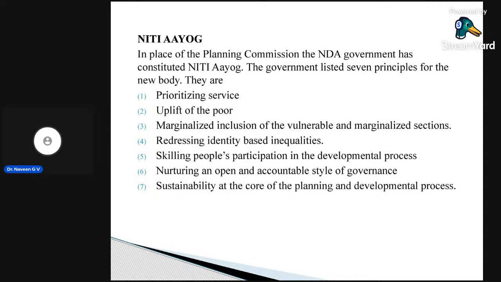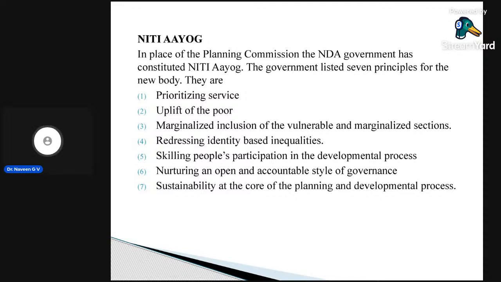It means those who are below the poverty line should be uplifted, with inclusion of vulnerable and marginalized sections, and then redressing identity-based inequalities, integrating villages into the development process, harnessing India's democratic dividend through education and skilling, and people's participation in the development process. Also nurturing an open and accountable style of governance, with sustainability at the core of the planning and development process.